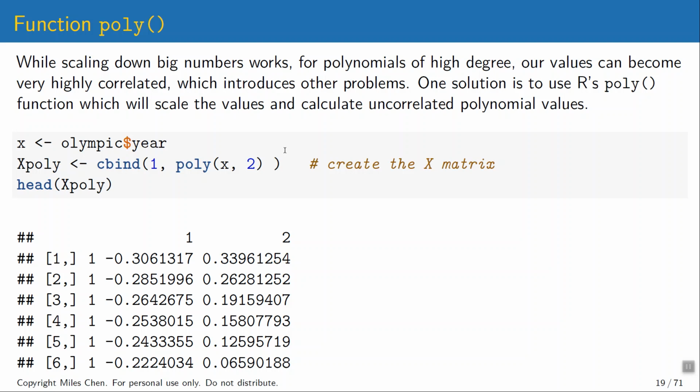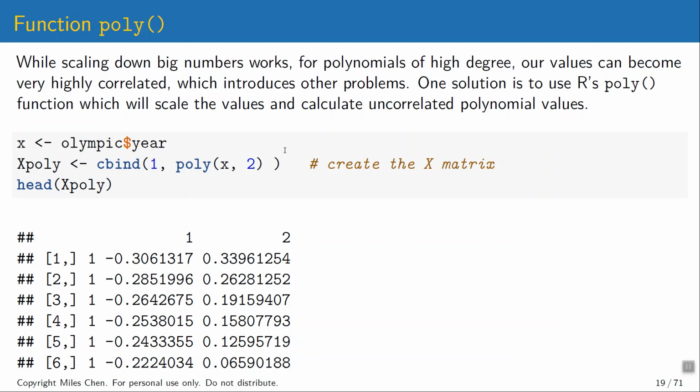Big values of x are associated with big values of x squared, x cubed, and x to the fourth, and small values of x are associated with small values of x squared, x cubed, and x to the fourth. And so you're going to have a high correlation, and one of the things we learn is that if your variables are highly correlated, it can produce some instability in the estimates.